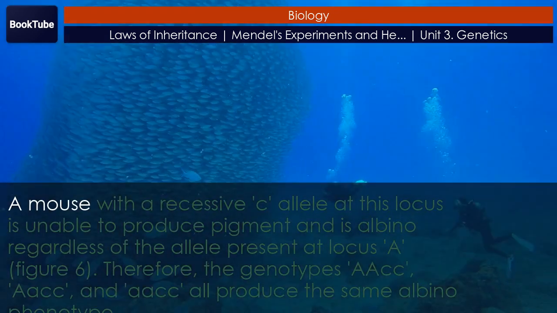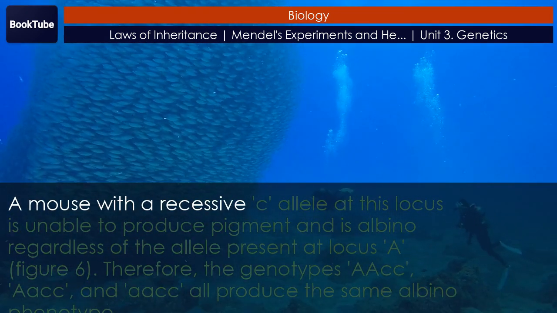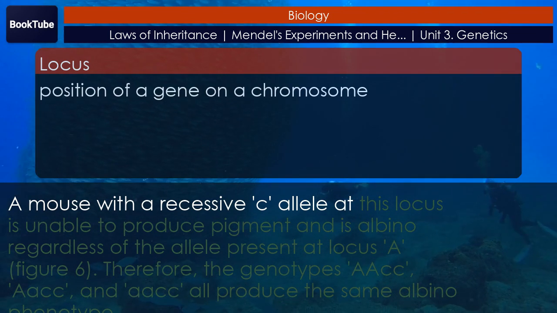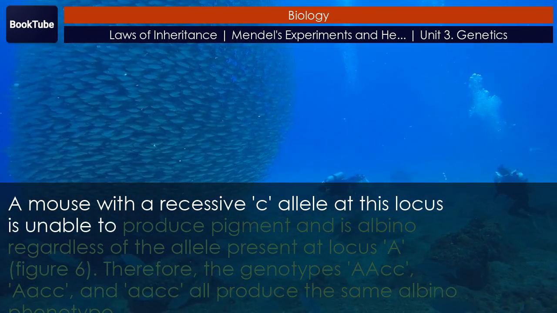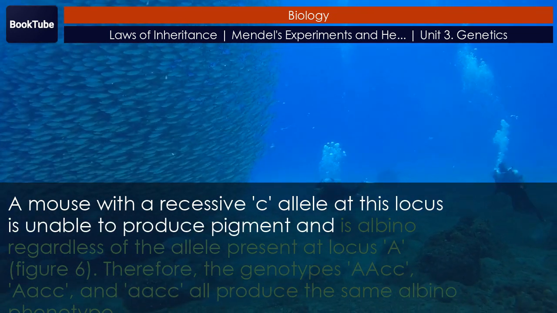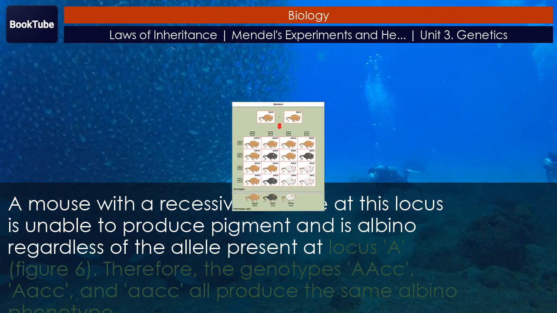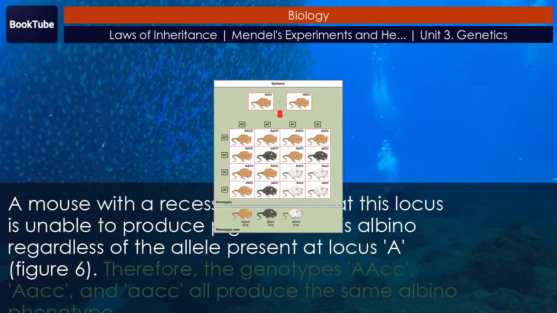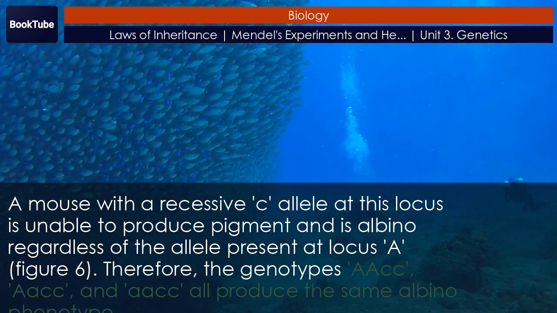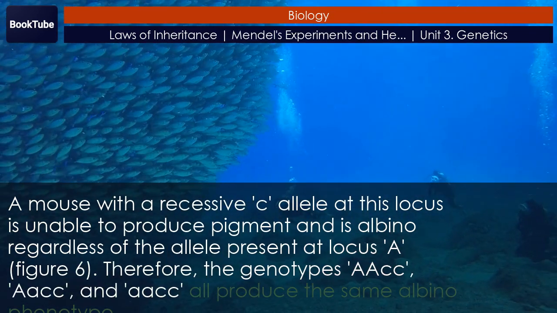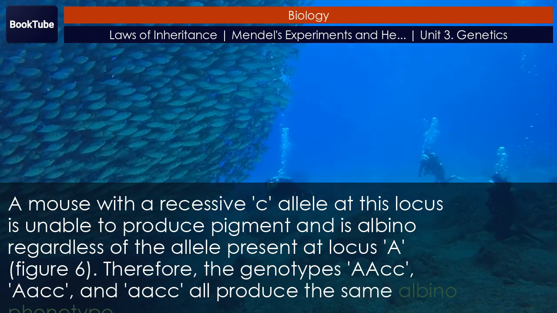A mouse with a recessive c allele at this locus is unable to produce pigment and is albino, regardless of the allele present at locus A. Therefore, the genotypes AAcc, Aacc, and aacc all produce the same albino phenotype.